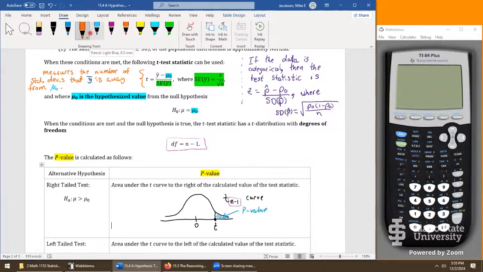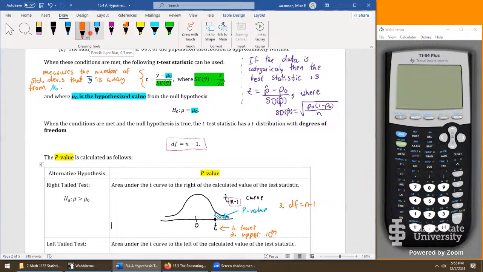To actually calculate it, you have to put in t as input 1. So this will be your lower. Input 2 for upper would be equal to 10 to the power 99. And input 3 is the degrees of freedom, n-1.